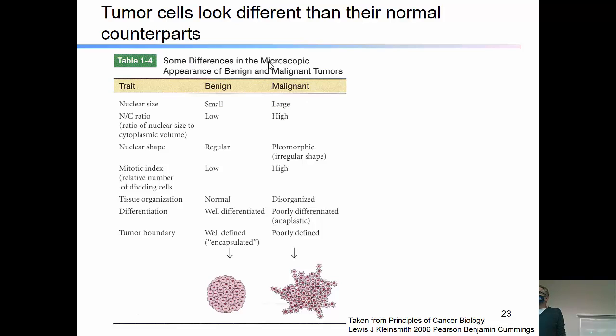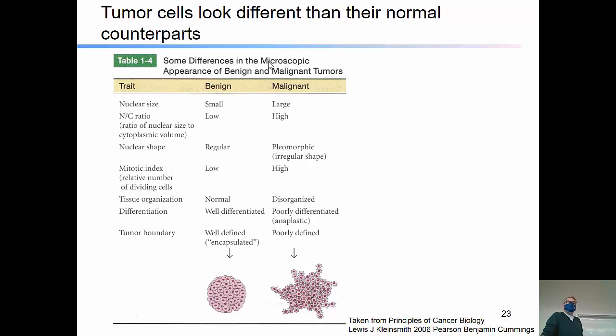Again, what we're looking at here is comparing benign and malignant. And for me, I always think of these in terms of skin cancers because they're visible, and we had this drummed into our heads about checking your moles and their features, and whether that meant it was an okay mole or a problematic one. And we can see the reasons here. Some of them, of course, you can't just see, like nuclear size.